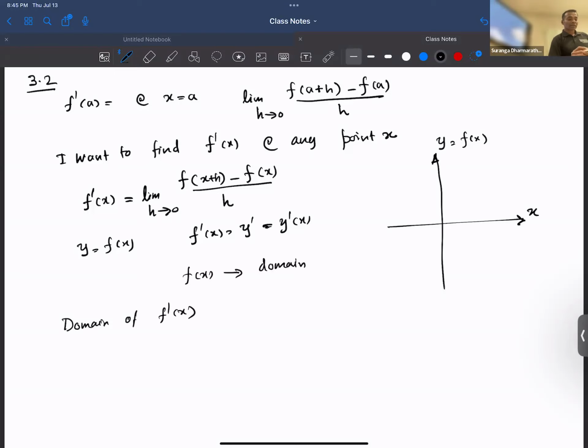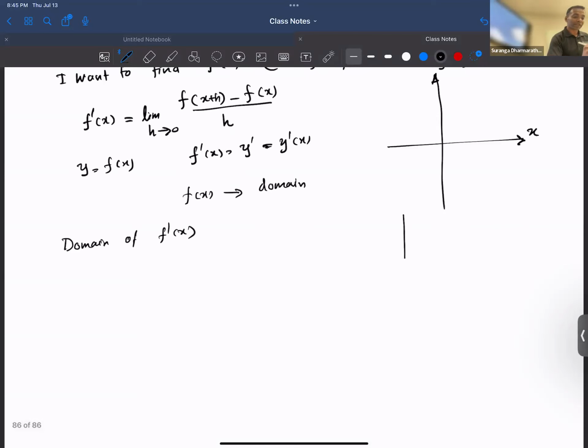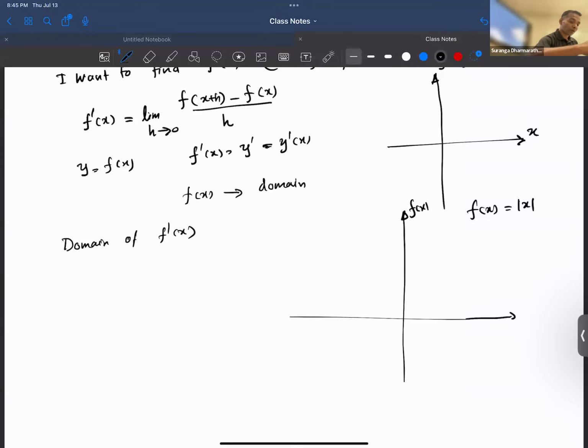Take the very example that we considered, f of x equals magnitude of x. What is the domain for this function? This function is defined for all the x values, right? Now, what did we find? If I find f prime x, at which point does the limit not exist?